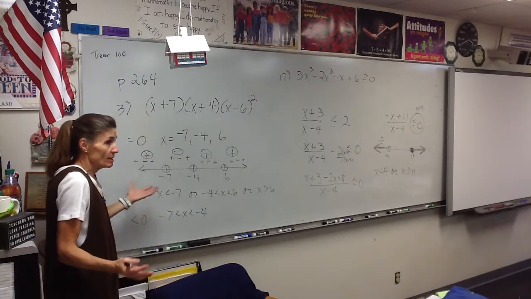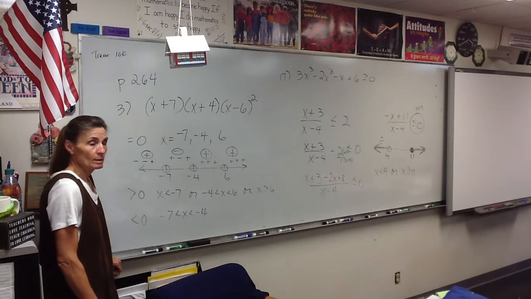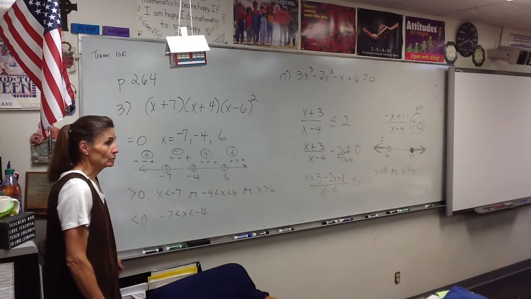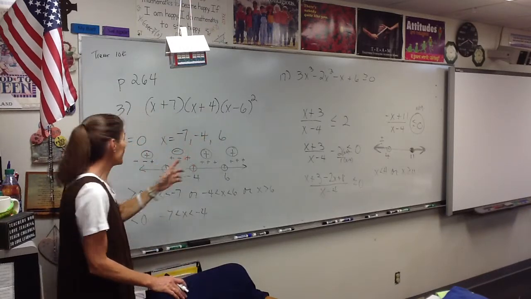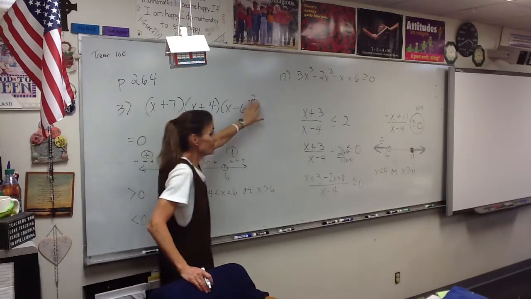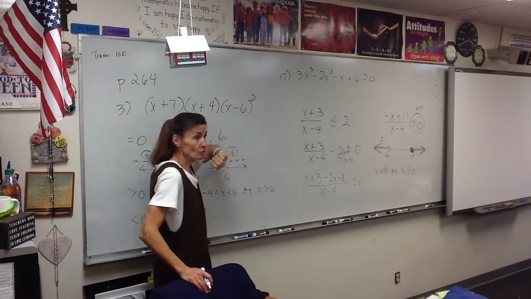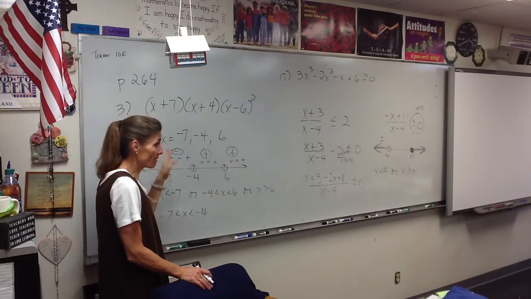Yeah, it just is positive. Okay? Again, most of your problems you're going to be able to do the alternating thing, so you're not going to have to physically check each section. But because of this, I had to do my checking. If there's anything odd about the problem, check every section, okay?